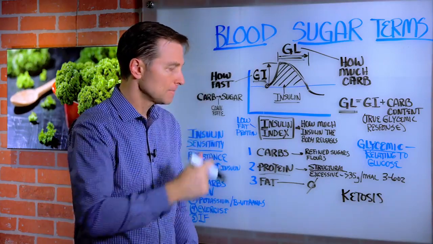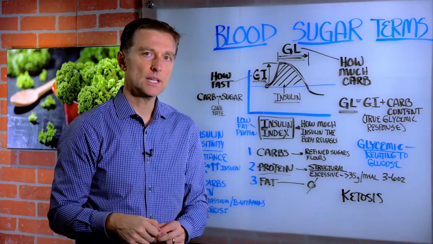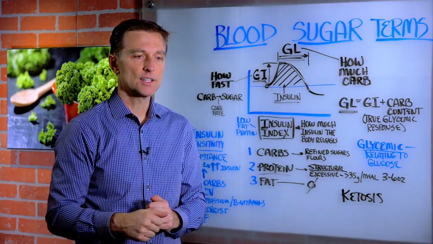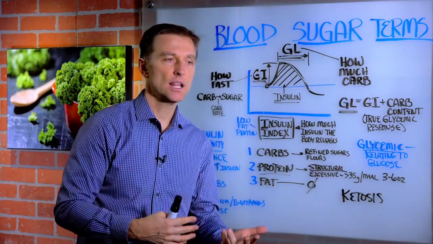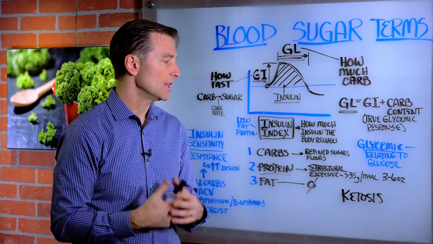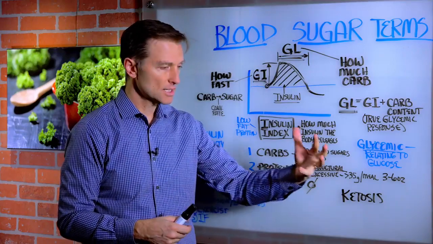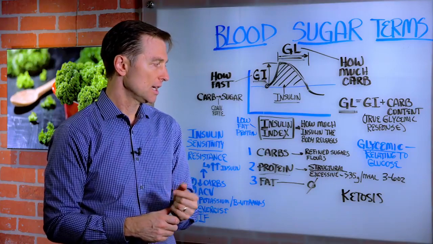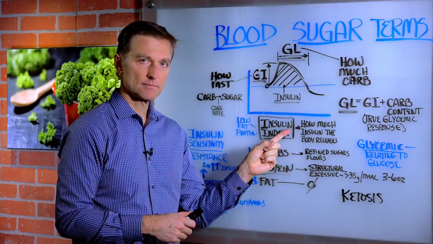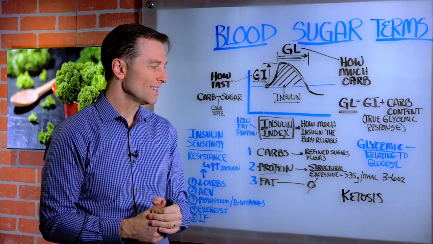Okay, so the main reason we need protein in the diet is to provide structural material for the body parts. So the hair, the nails, the collagen, the bone, and the muscle all need protein, so we need these to build up our structure. When you consume excessive protein, it will increase insulin, okay? So what does that mean?